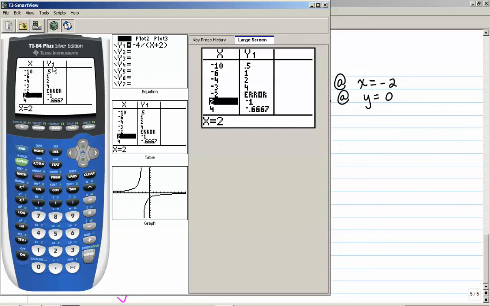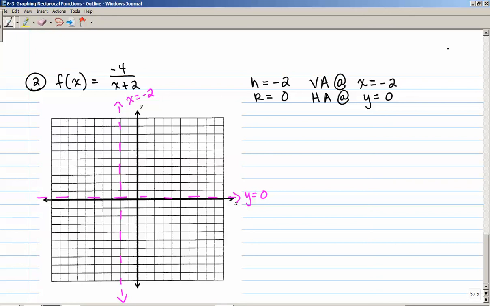If I go with a negative 1.5, I'll get a negative 8. Negative 1 gives me negative 4. 0 gives me a negative 2, and then if I were to put in a 2, I would get a negative 1. Let's go ahead and copy those in a table over here.